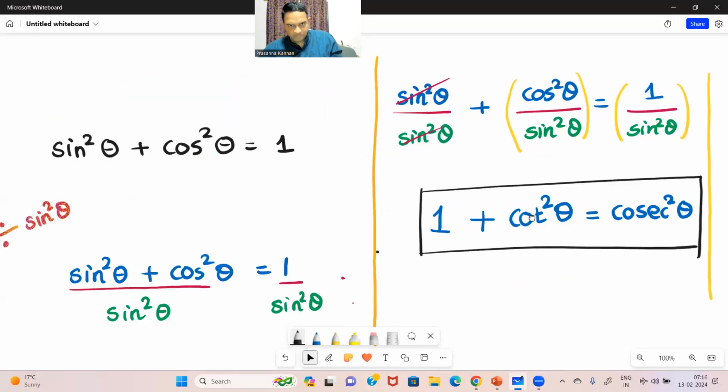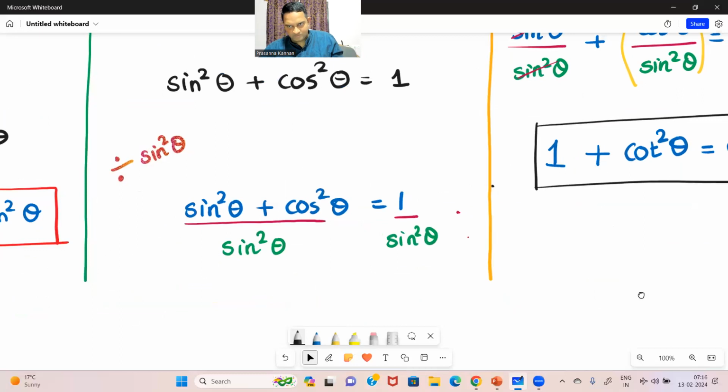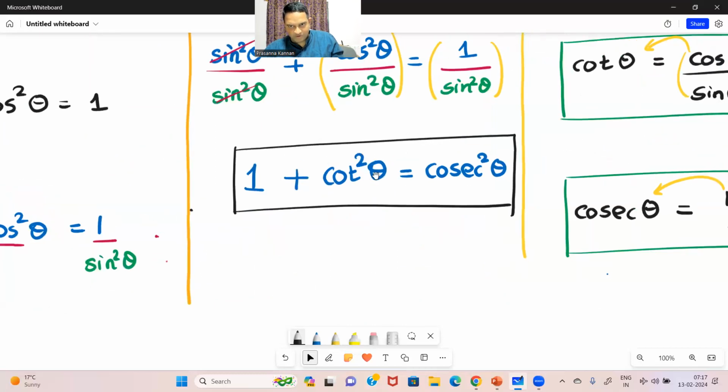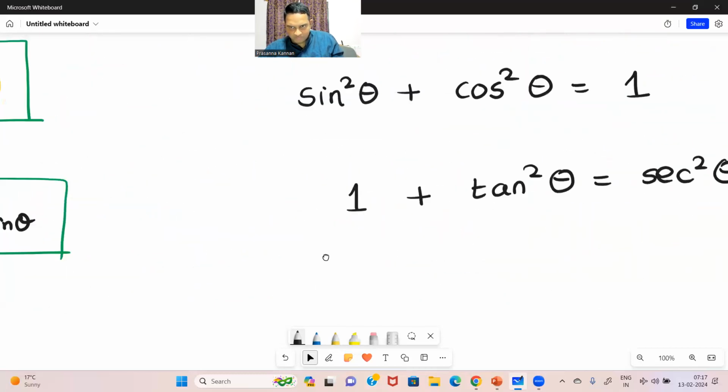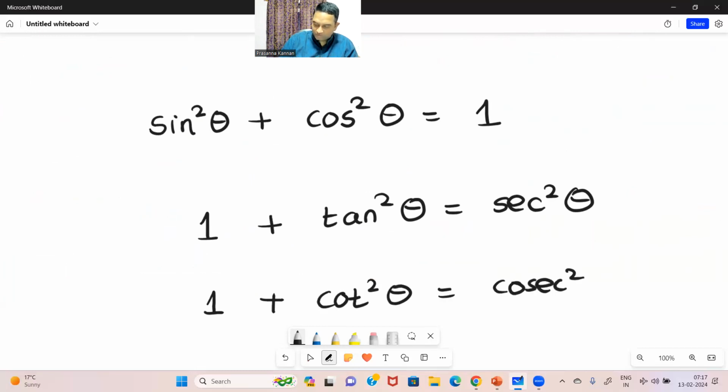Yes, uncle. Secant square theta is equal to what? 1 plus tan square theta. Similarly, the third formula is 1 plus cot square theta is equal to cosecant square theta. This also we have derived, correct?